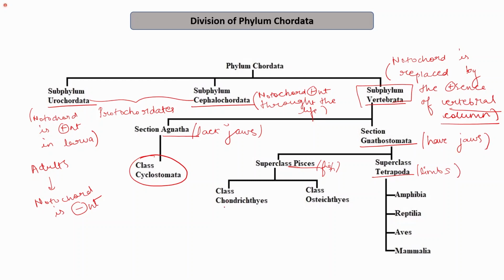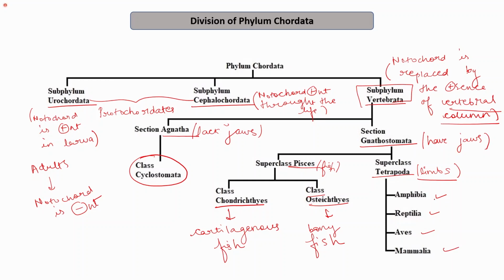The superclass Pisces is further divided into two classes: the class Chondrichthyes, which consists of cartilaginous fish, and the class Osteichthyes, which consists of bony fish, whose endoskeleton is made up of bones. This is the classification of the superclass Pisces. In superclass Tetrapoda, the organisms that have limbs, we have amphibia, reptilia, aves, and mammalia.